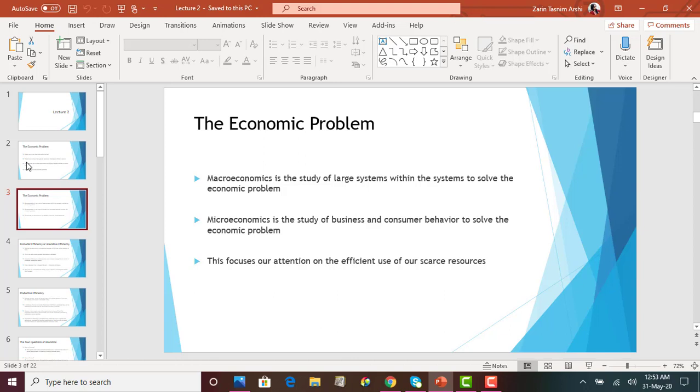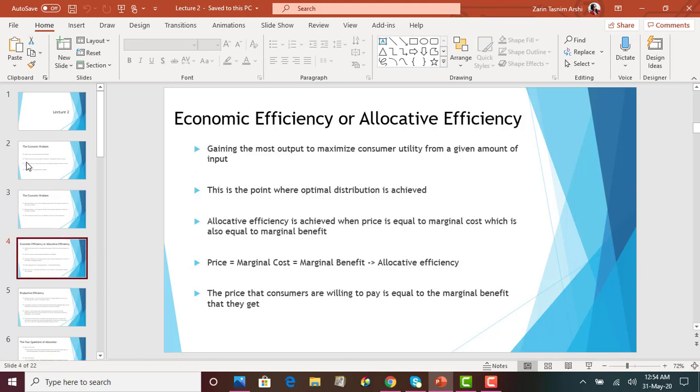Microeconomics deals with small groups such as individuals or businesses, and macroeconomics looks at a larger scale, such as the Dallas economy, the Texas economy, or the US economy. The main objective of these studies is to solve the economic problem, which is that human wants are unlimited and resources are scarce, or limited in quantity.